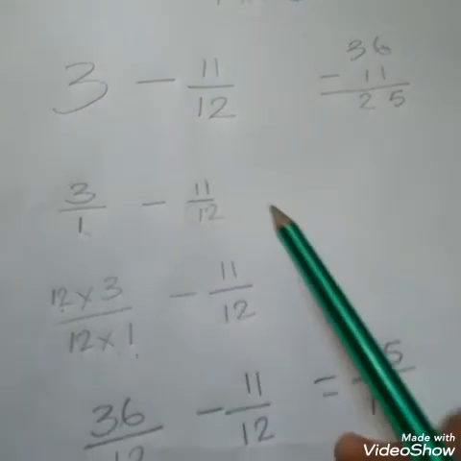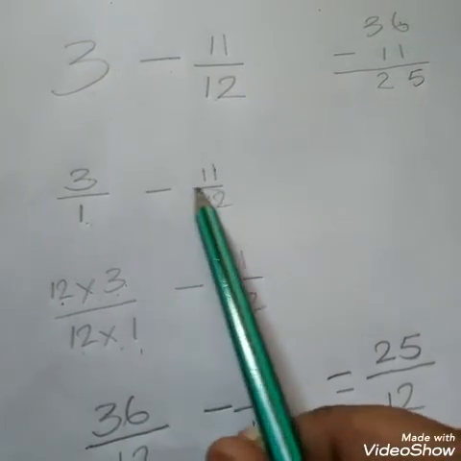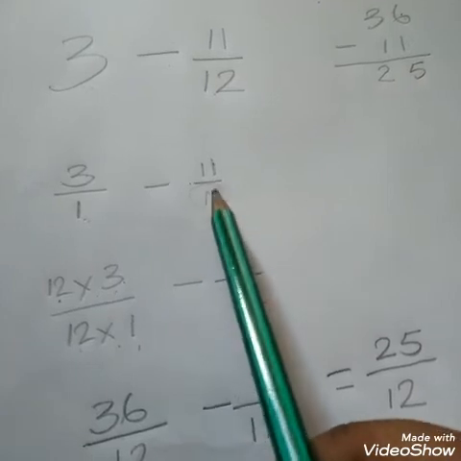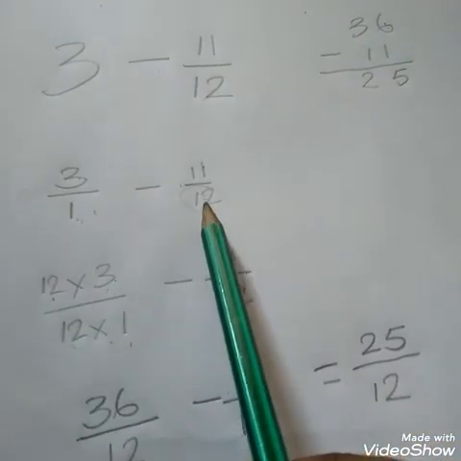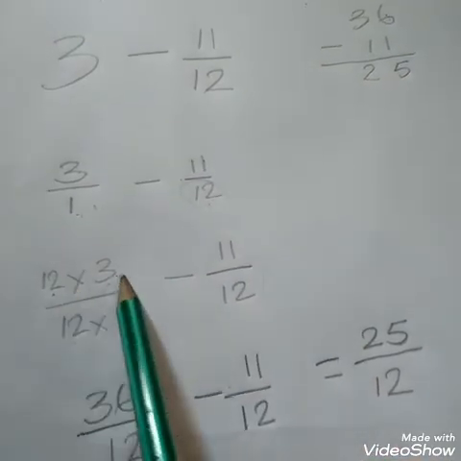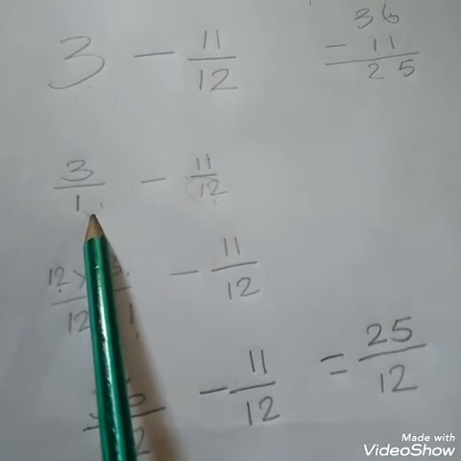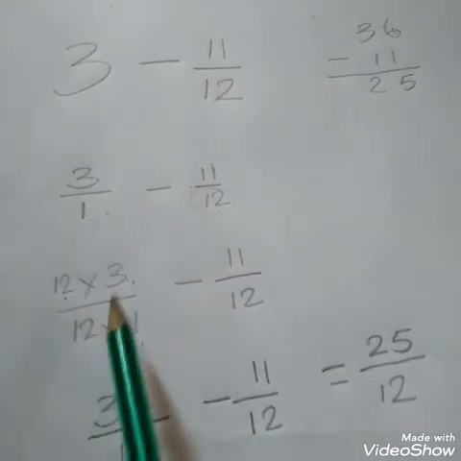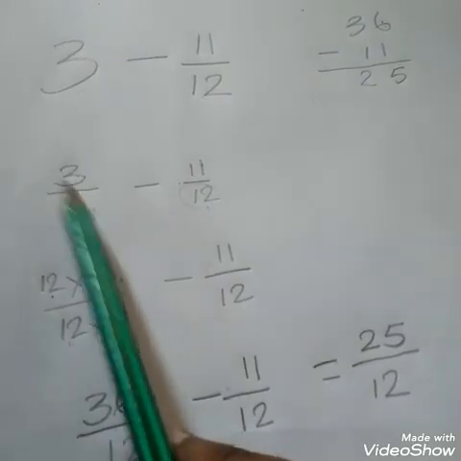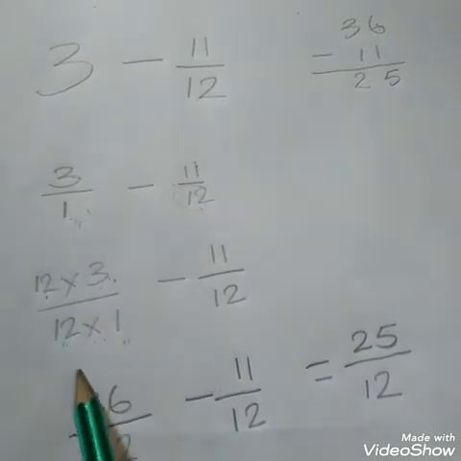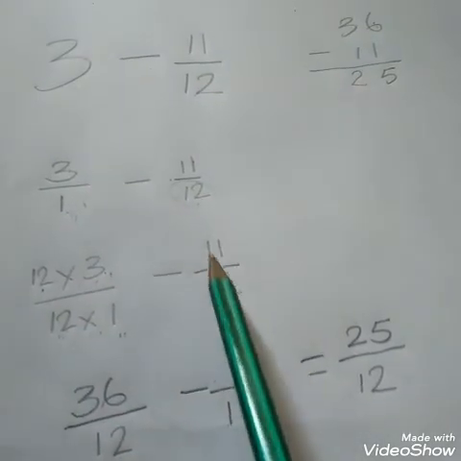Then we say, okay, we're going to multiply the bottom number, or the denominator, by the fraction that we created. So it will be 12 multiplied by 3, and whatever we do to the top number, we have to do to the bottom number as well. So 12 times 3 and then 12 times 1. Alright, then we write back our fraction.